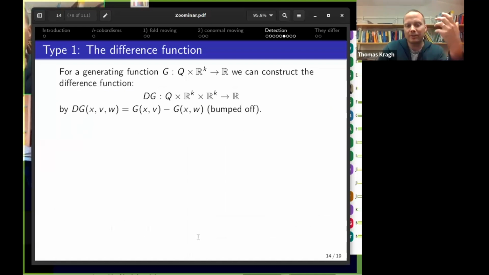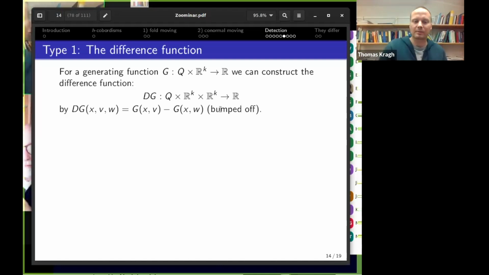Okay, so if we have one of these generating functions, there is this well-known construction called the difference function. It adds the same number of auxiliary variables, and then you just take the minus of the two functions, but for fixed x. So it's like, fiber-wise, take the same function and its negative and add in a new direction. But then you also have to bump off if you really want to make it quadratic at infinity.